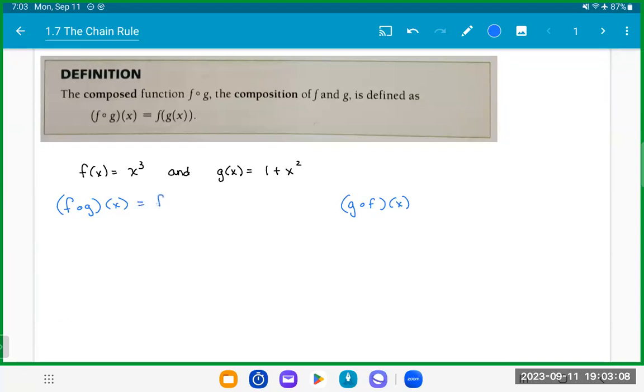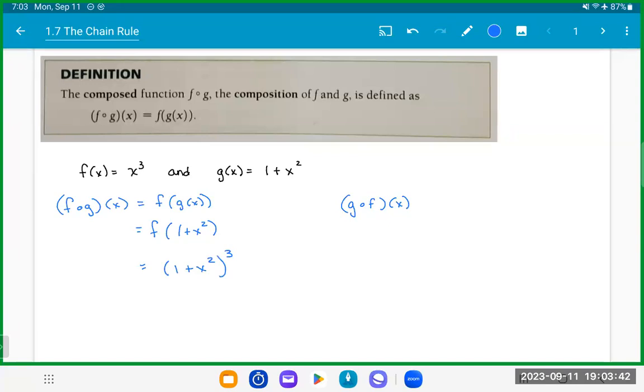Again, that is taking my f function, and everywhere I have an x, substituting in my g function. In this case, my g function is 1 plus x squared. My f function is x cubed, so everywhere I see an x, I substitute in 1 plus x squared, but I leave the cube out there.